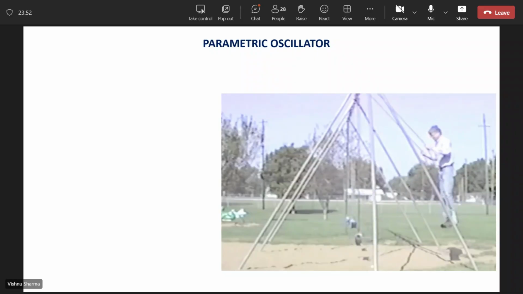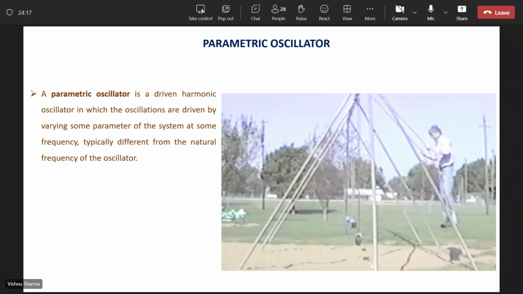He's altering the inherent parameters of the swing, because the swing and the person on the swing is one system. So by pumping it, he's changing the inherent or internal characteristics of the swing, which are leading to an increase in the amplitude without any external push being given.